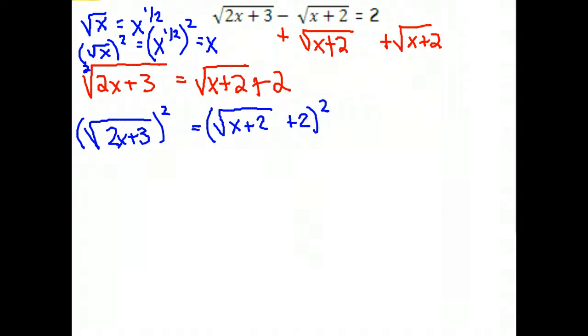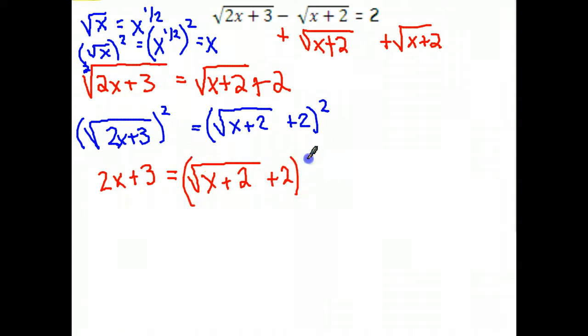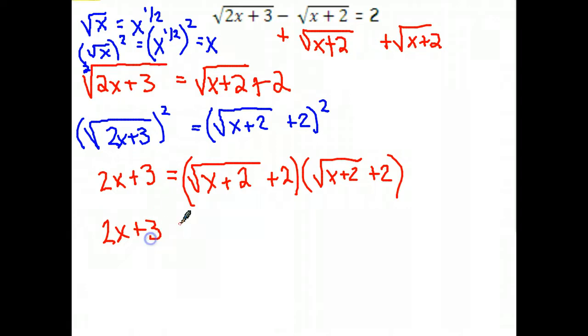Okay, so the left-hand side is just going to be what's under the radical, so 2x plus 3. And the right-hand side, hopefully you understand that this is a binomial times a binomial, so we're actually going to have to FOIL. So I'm going to write it out expanded so that you can see that. So times the square root of x plus 2 plus 2. The left-hand side stays as 2x plus 3. And now we're going to FOIL.